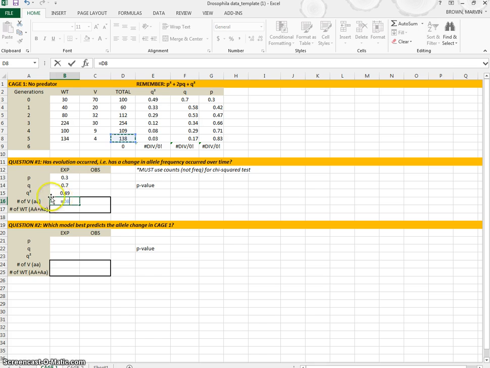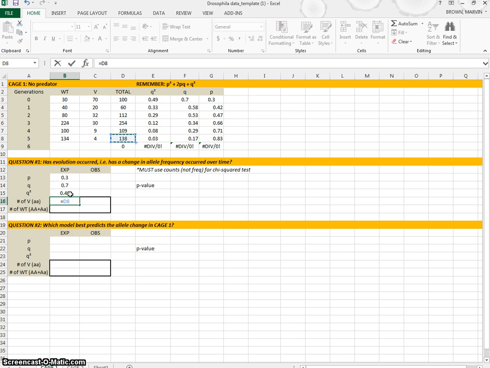This is just saying that Q squared is the proportion of flies that are actually Q, or wild type, or vestigial. So if no evolution occurs, this is what it should end up being, right?